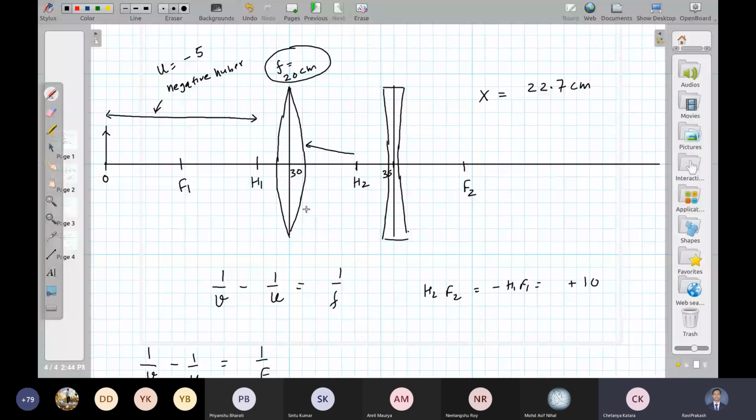If you displace any of the lenses, it means you are changing all the cardinal points.